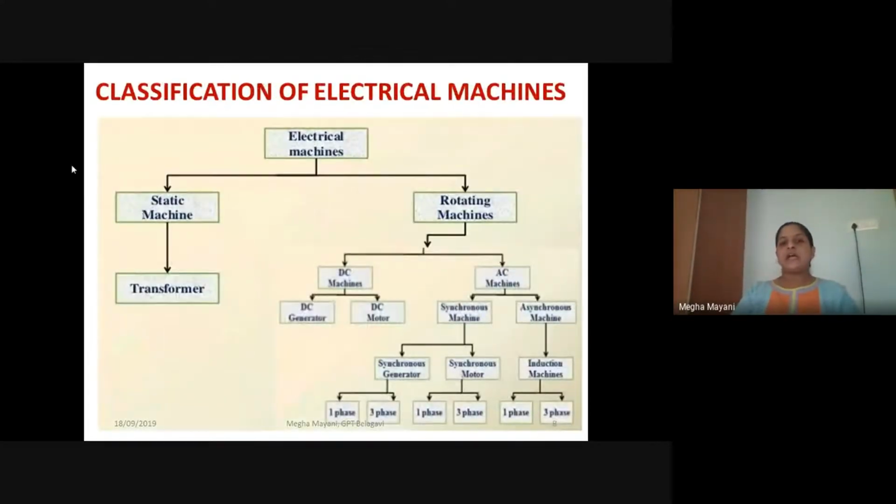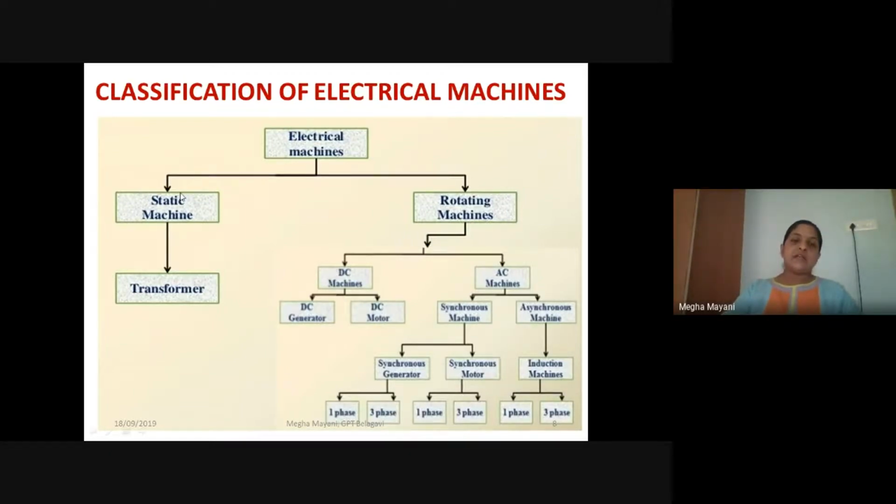Now let us have a quick review of the classification of electrical machines. Broadly, electrical machines are classified as static and dynamic. Dynamic machines are also called rotating machines.